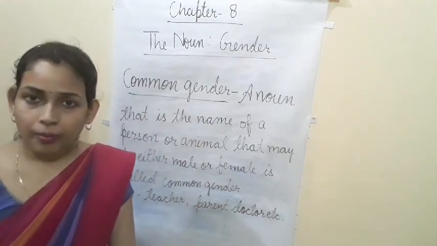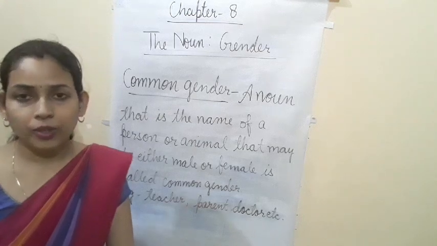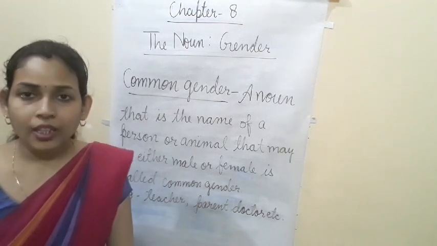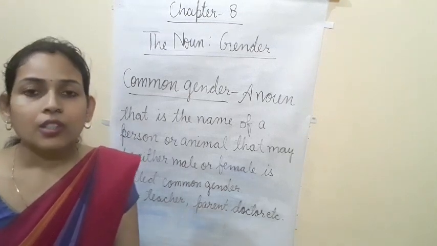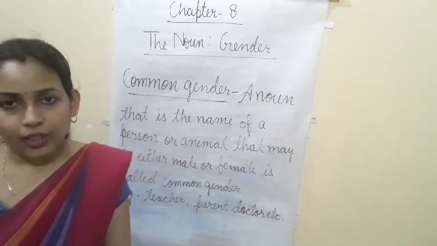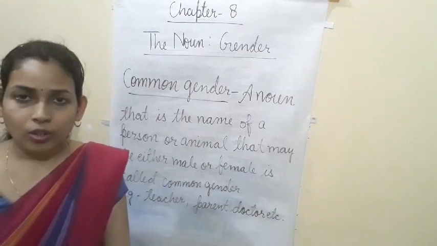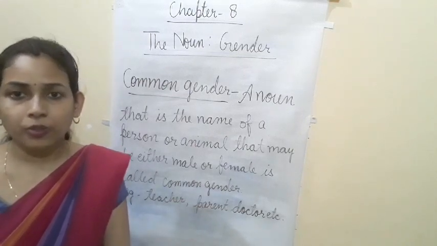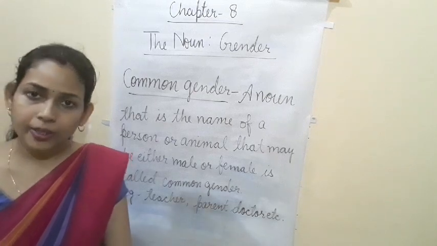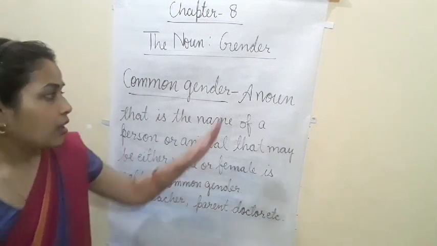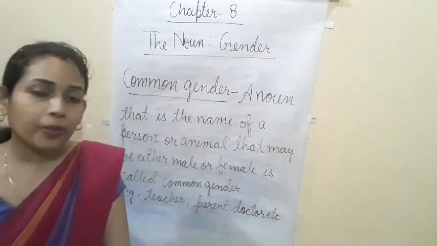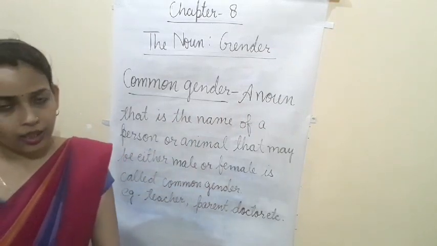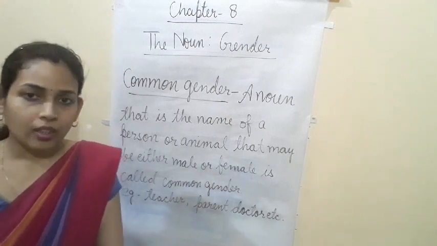Doctor: for male we use doctor, and for female also we use doctor. So these nouns come in the category of common gender. Clear? So what is common gender? Common gender refers to both male and female genders. A noun that is the name of a person or animal that may be either male or female is called common gender.